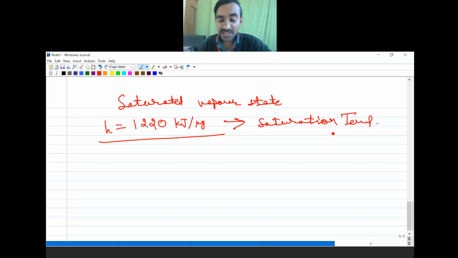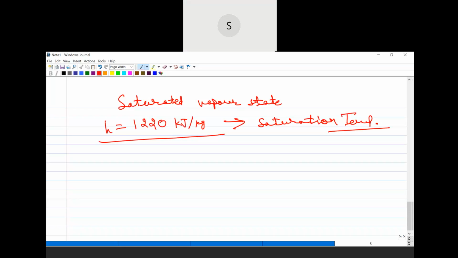Do you have steam tables with you now? Yes, sir. Can you try to locate at what temperature we will have saturated vapor with 1220 kilojoule per kg? Can you locate it? Yes, sir.